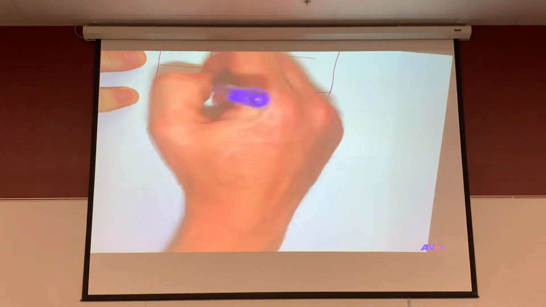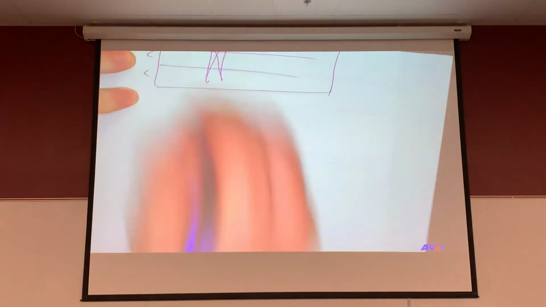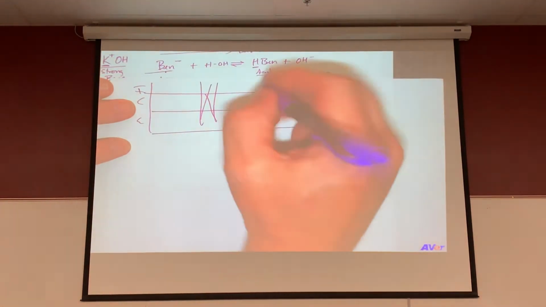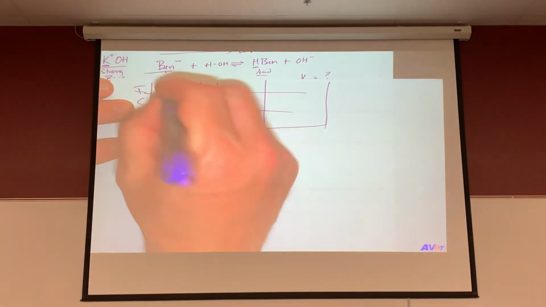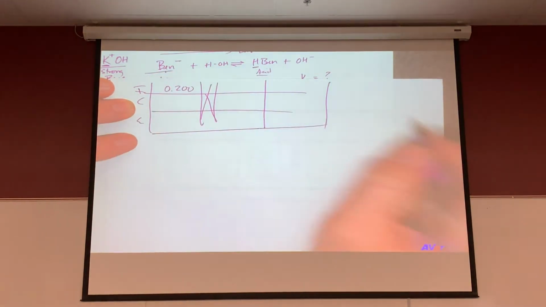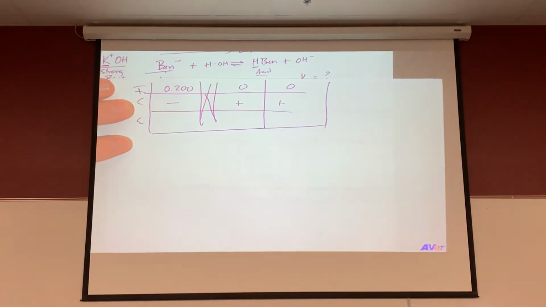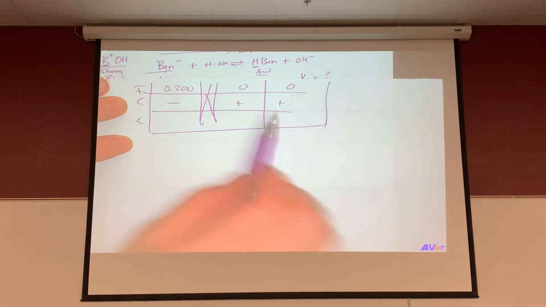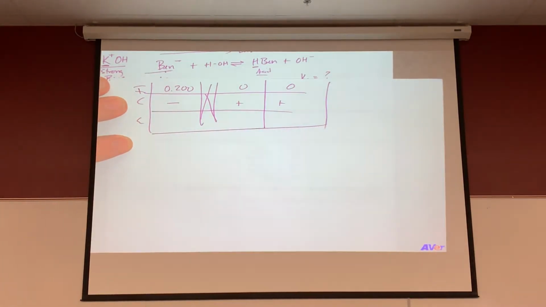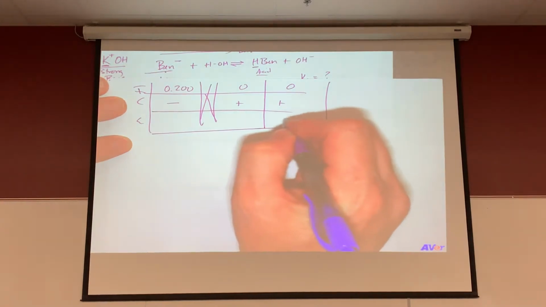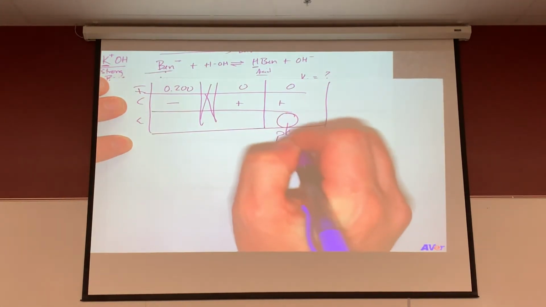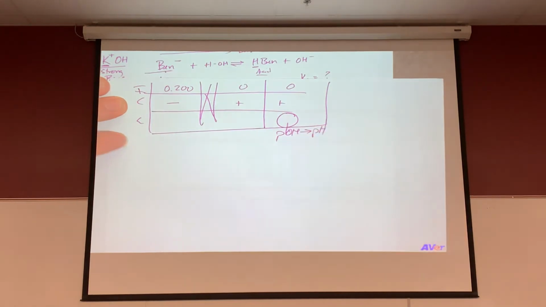If you start out icebox-wise with this and make a solution, say 0.2 molar, that's going to be the initial, and those are going to be 0. As that dissolves, this has to go down and these have to go up by some amount. Once the solution hits equilibrium, the equilibrium can lie to one side or the other; it'll just be super small. But once you know this number, you can get pOH, which you can convert to pH.